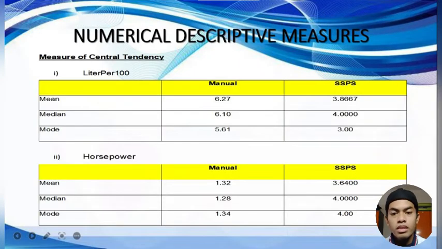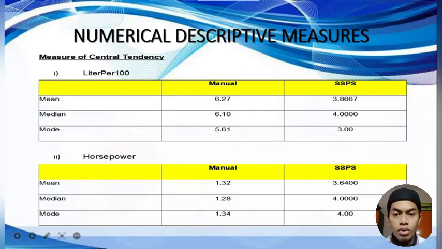The next slide is the numerical descriptive measure. Firstly, the measure of central tendency has 3 methods, which are mean, median and mode. We take 3 numerical variables, which are liter per 100, horsepower and weight.